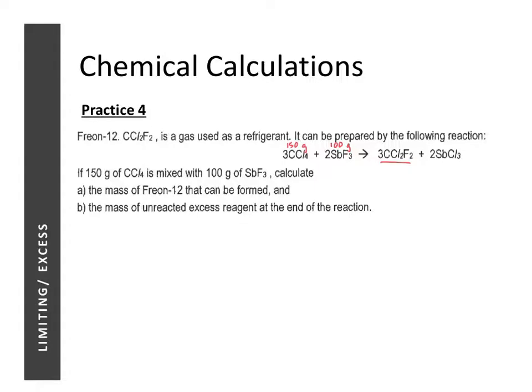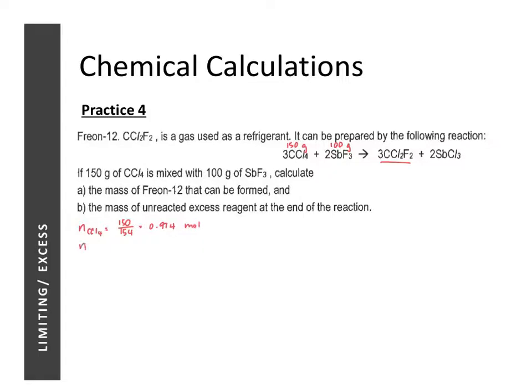So step number 1 is to find the number of moles of both reactants. The number of moles of CCl4 is equal to the mass divided by the molar mass, which is 154, and that will give us a value of 0.974 moles.